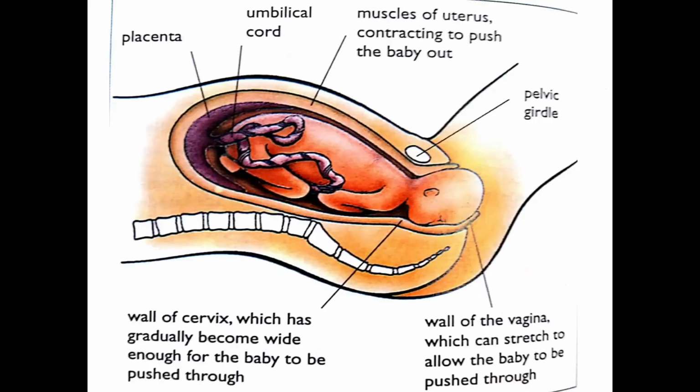Continuing, we can see the placenta, the umbilical cord, another cross section of how it looks. At that time the wall of the cervix has gradually become wide enough for the baby's head to pass out from the vagina. The wall of the vagina is stretched, allowing the baby to be pushed through.